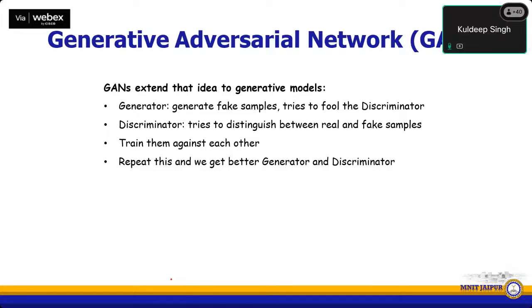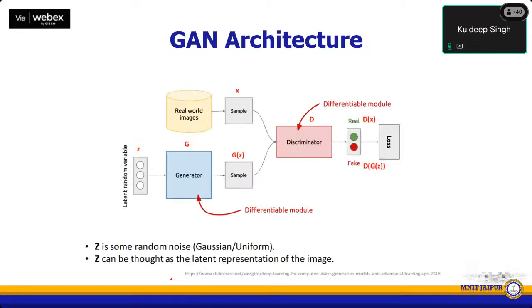Let me show you the architecture of the generative adversarial network. You can see here, this is the generator Z and this is the discriminator D. This generator samples the data from a latent random variable and tries to generate a sample which follows the distribution.